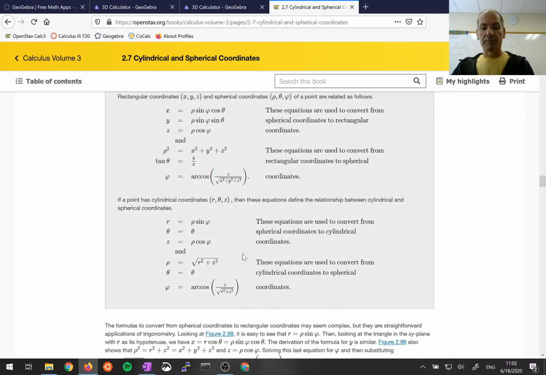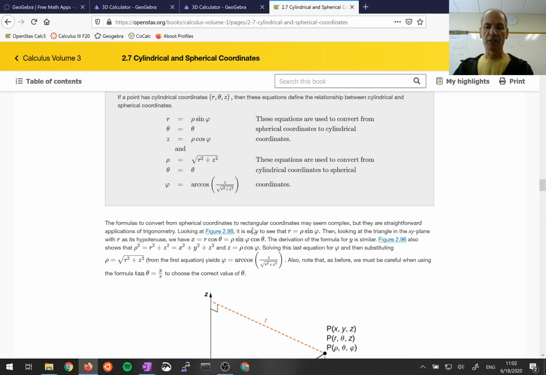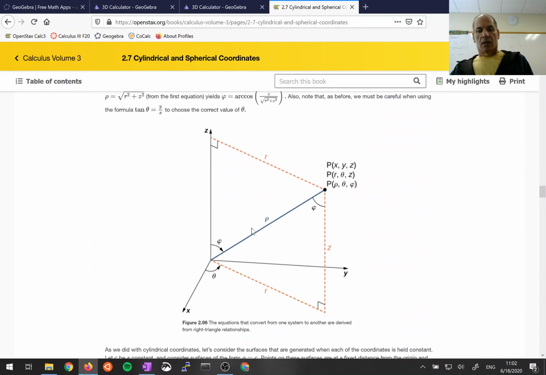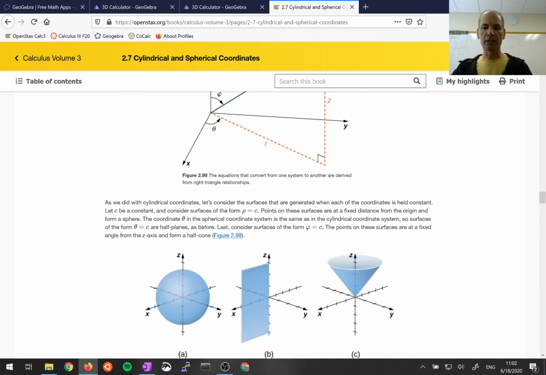All right, and here are the transformations from cylindrical to spherical and vice versa. The thing I want you to take away from this is you can always figure these formulas out by building right triangles and thinking about the relationships between the Cartesian coordinates and the spherical and or cylindrical coordinates.